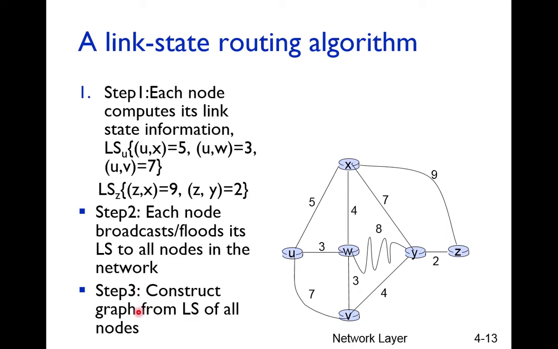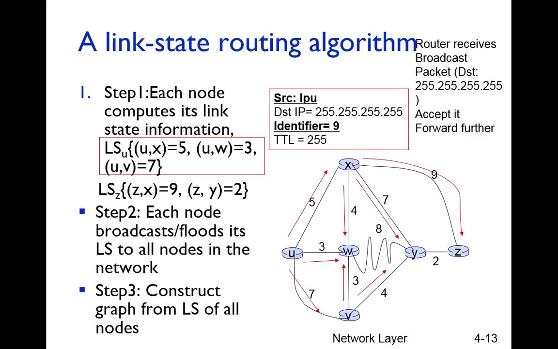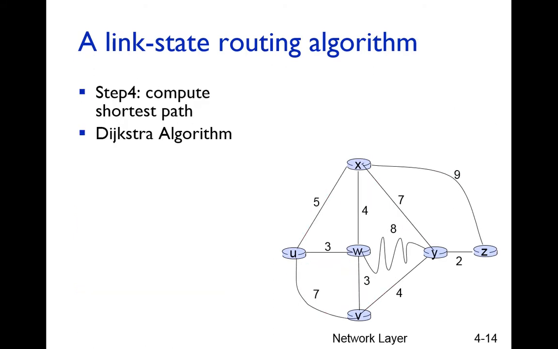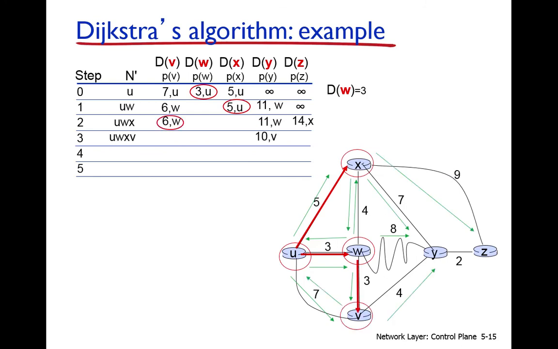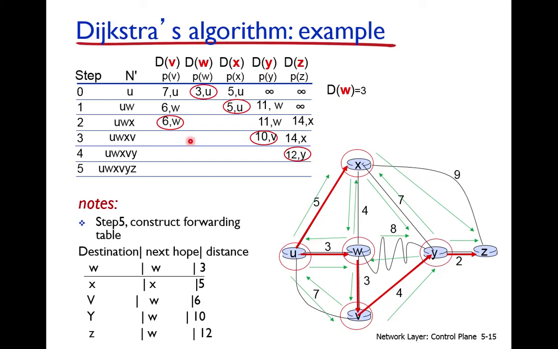So each node has this complete graph. After this, step number four, each node computes the shortest path from itself to all the nodes by using the Dijkstra algorithm. And after computing the shortest path, each node has to compute the forwarding table. So these were the 5 steps.